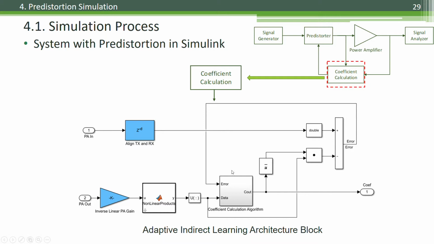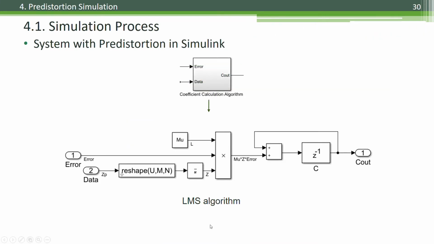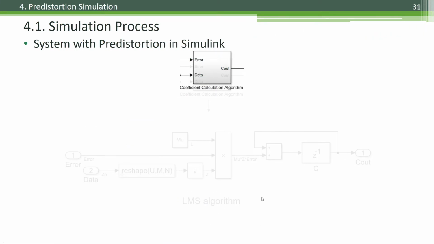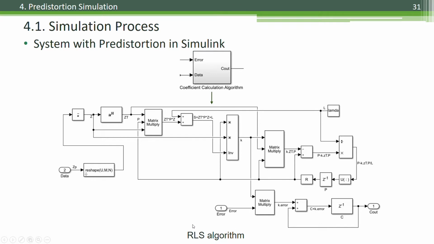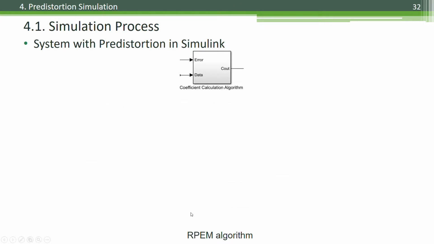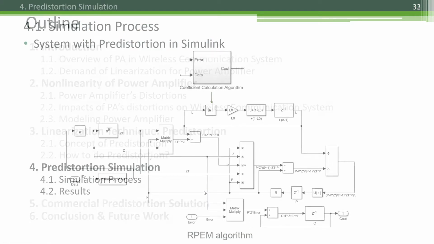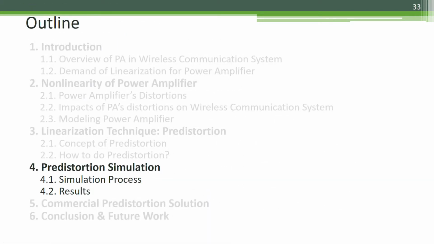And this coefficient calculation algorithm I simulate with three algorithms: least mean square algorithm, recursive least square algorithm, and recursive prediction error algorithm. And after the simulation process, I have the results.